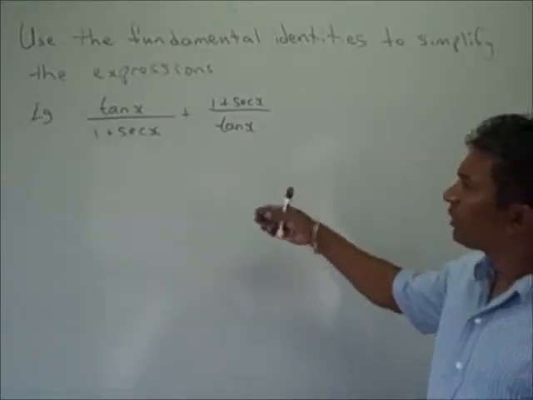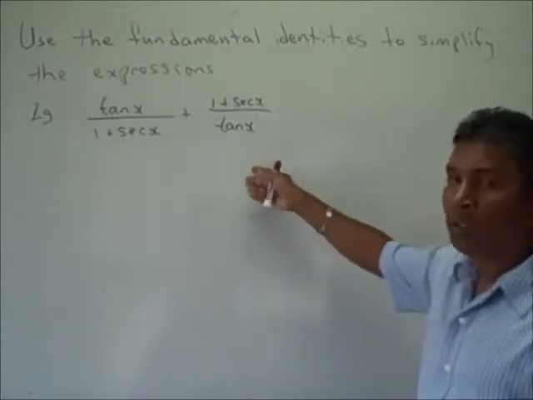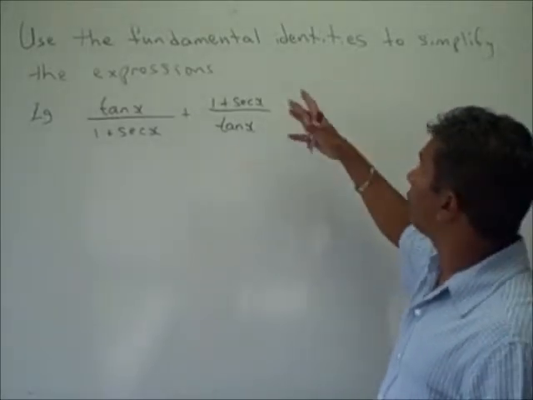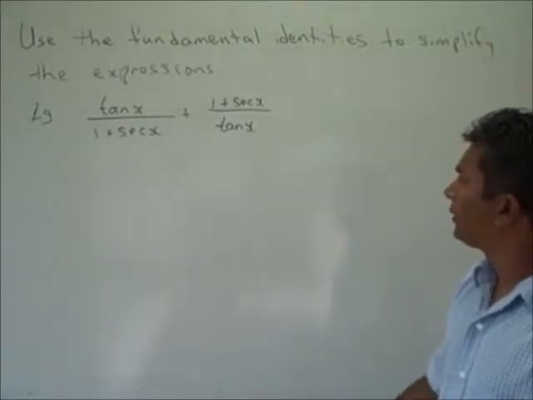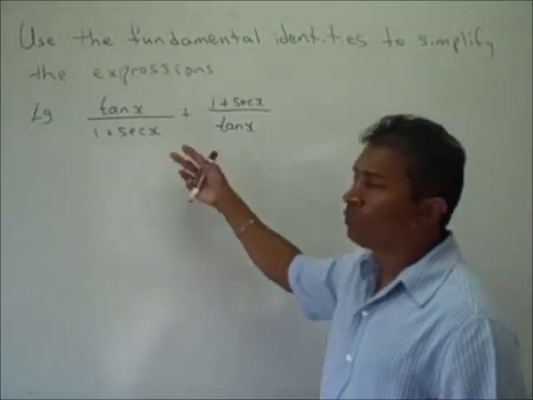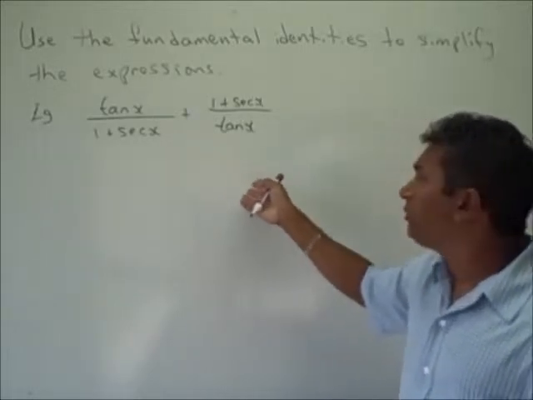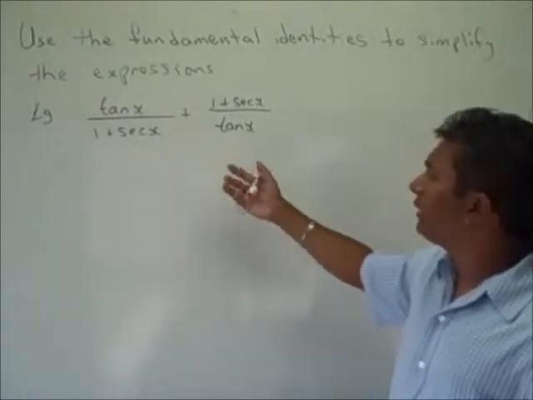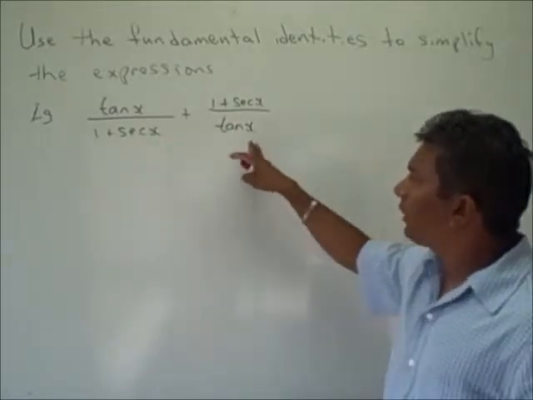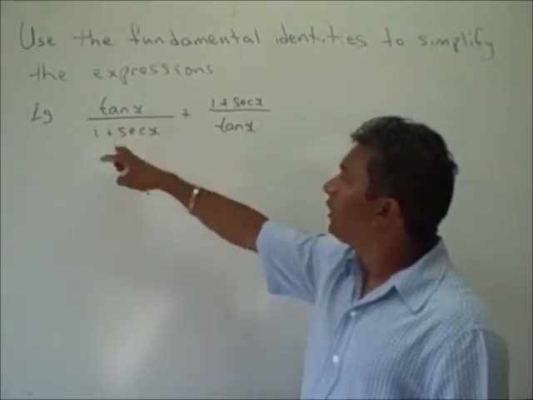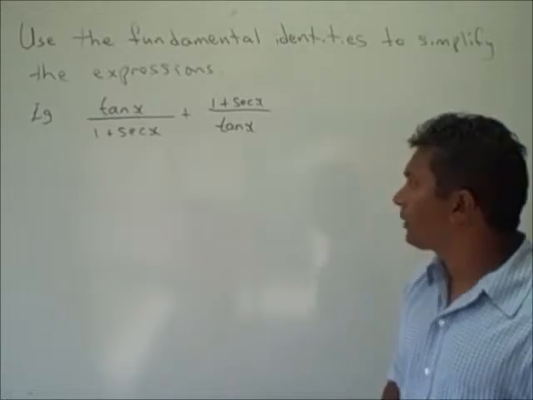Here we're simplifying the sum of two trigonometric expressions by using our fundamental identities and once again some of our algebraic skills. Since we're adding two unlike fractions, we need to have the same denominator. So to find our LCD, we can multiply this denominator by this. So our LCD will be tan x times 1 plus secant x.